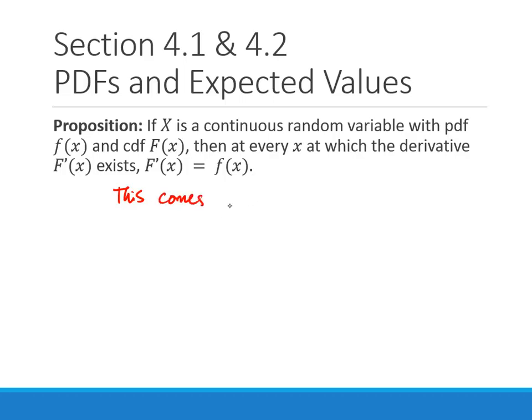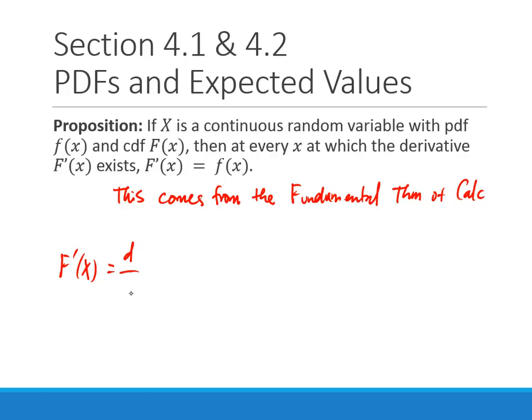The fundamental theorem of calculus. I won't ask you to tell me what that is; we'll just talk about it here. So F prime of x is the derivative with respect to x of capital F of x.